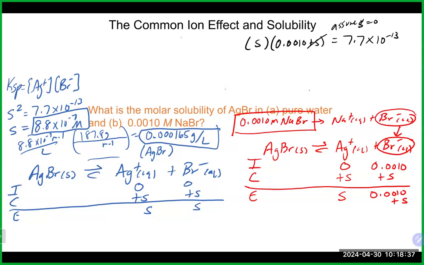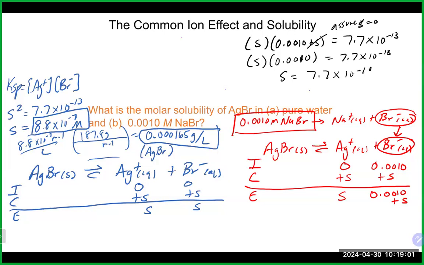If you do that, that gets you S times 0.001 is equal to 7.7 times 10 to the minus 13. We divide 7.7 times 10 to the minus 13 by 0.001, and that's going to give us an S of 7.7 times 10 to the minus 10.